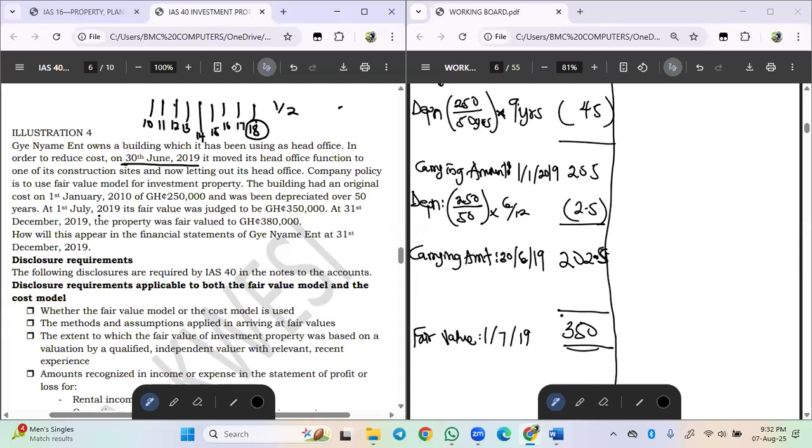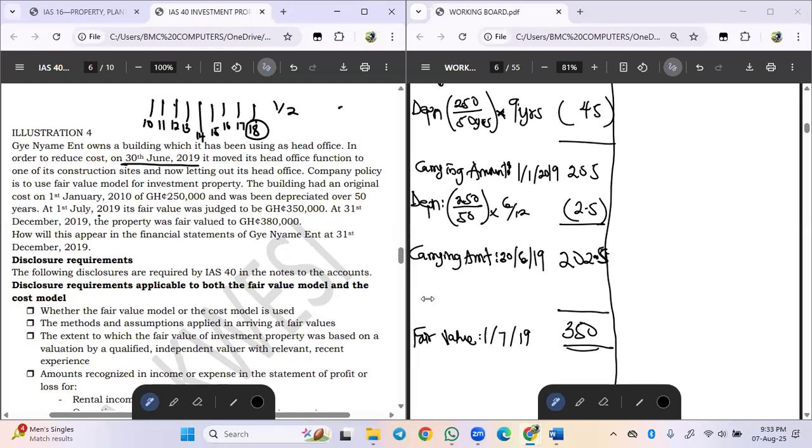It's not revaluation. When they converted it to IAS 40, investment property, you are using the fair valuation model, and in the fair valuation model there's no depreciation charge. The difference is fair valuation loss or gain, and that one will be treated in the P and L.